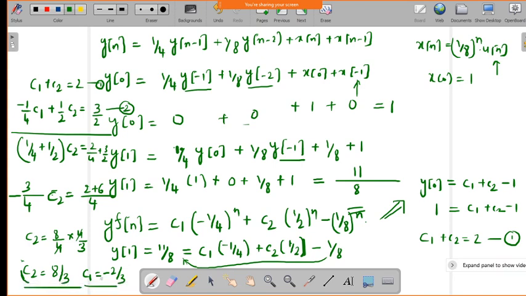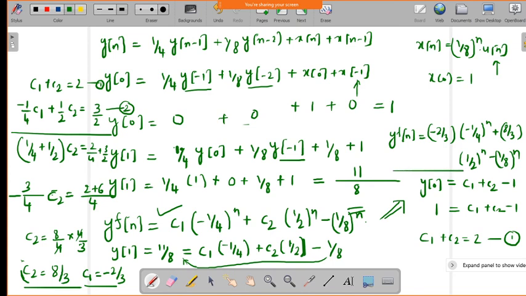Okay, so now put the value of C1 and C2 in this equation and you will get the final solution of the forced response. So the final solution is YF of n, which is equal to the C1 value, minus 2 by 3 into minus 1 by 4 power n, plus 8 by 3 into 1 by 2 power n, minus 1 by 8 power n.